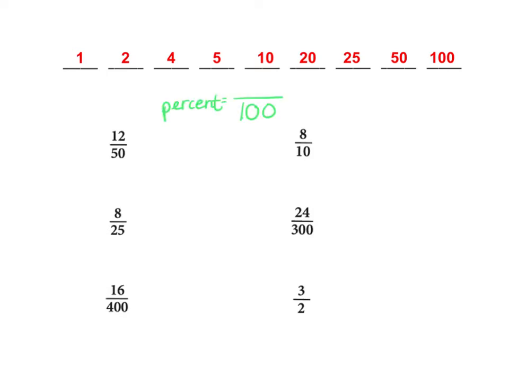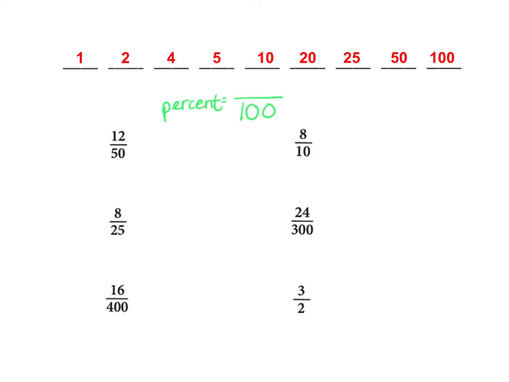A percent is always something per 100. We always want a 100 as the denominator. So if we don't have 100 as a denominator, but we still want to turn our fraction into a percent, then as long as we can turn the denominator into 100, we can turn our fraction into a percentage.